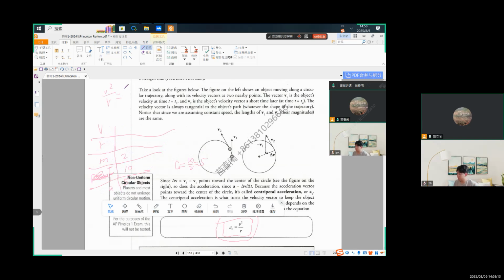Let's say the velocity is 10, so 10 squared, and my radius, I measure, is just 20. So this is 100 over 20, which is still 5, right? Does that make any sense to you? Can you say that again?